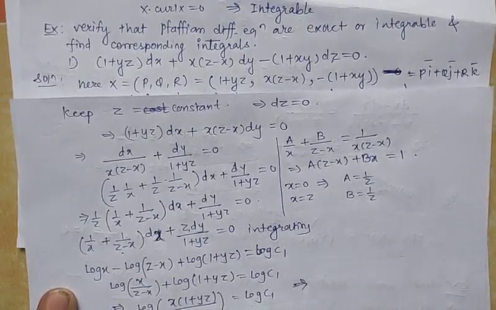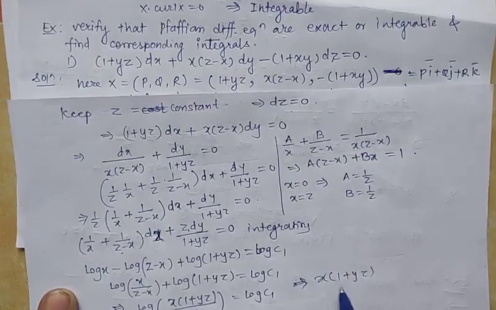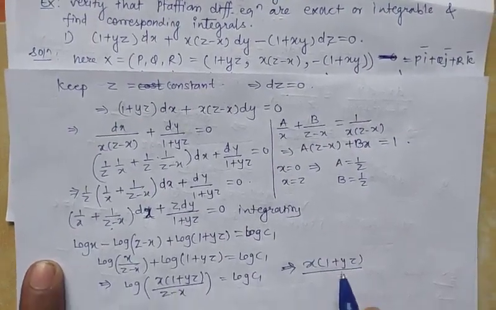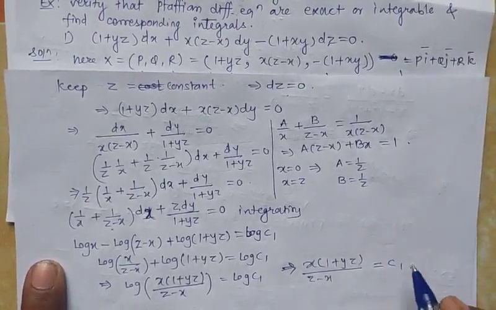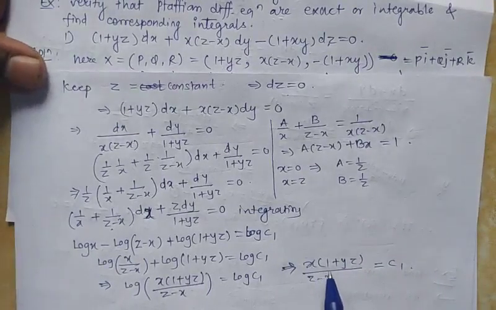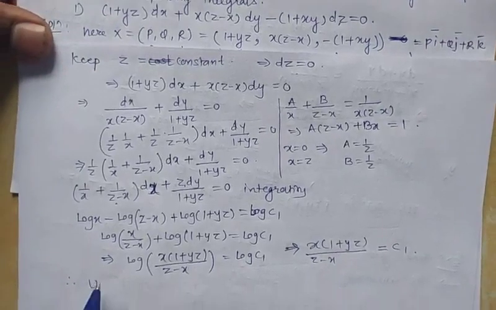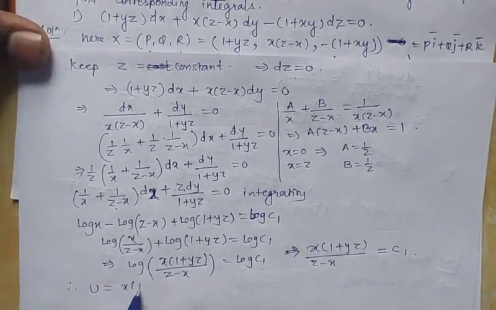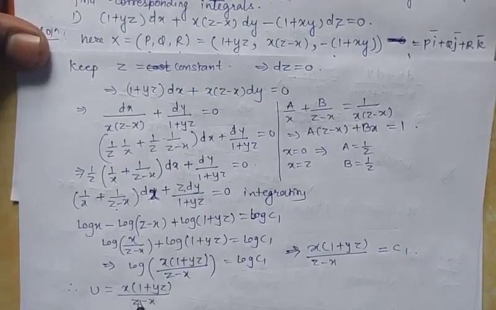So taking antilog we will get x into 1 plus yz upon z minus x, which is equal to c1, right? So we call this the first solution u. Therefore we call this u is equal to x into 1 plus yz upon z minus x.